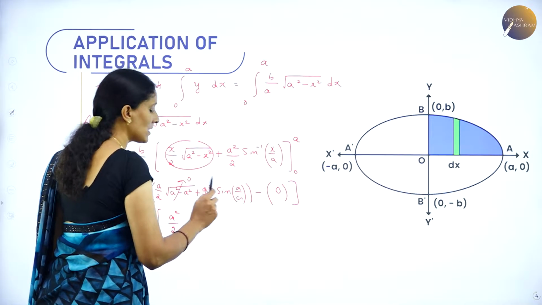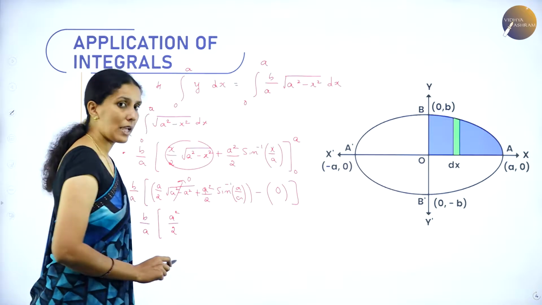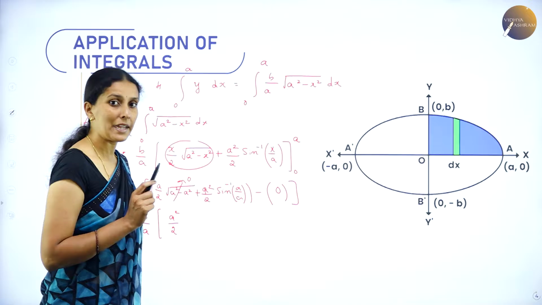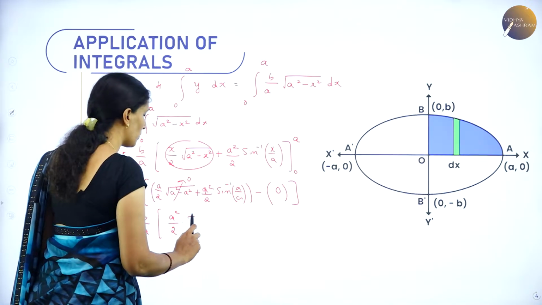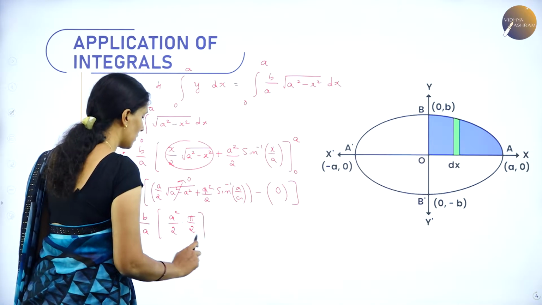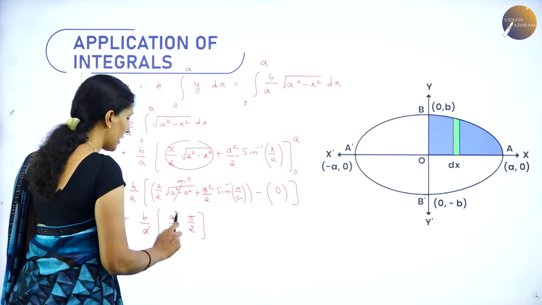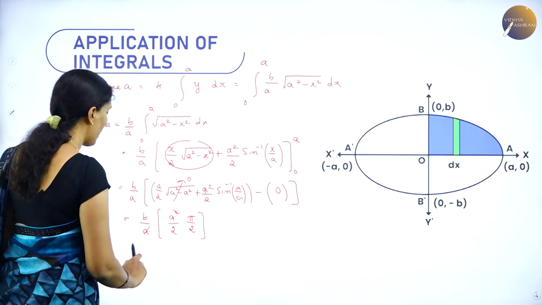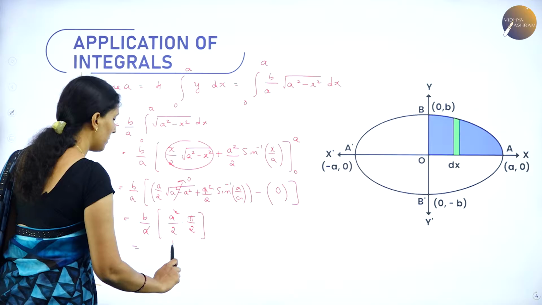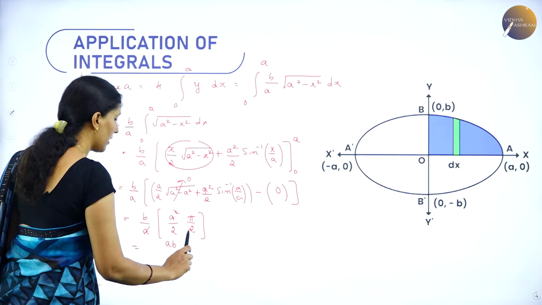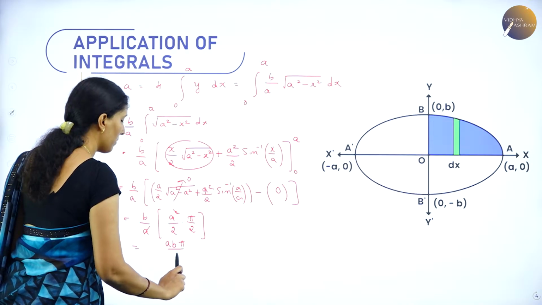What is sine inverse a by a? Sine inverse a by a is sine inverse 1. What is sine inverse 1? It is pi by 2. So here a cancels, so we have b by a and here we have pi by 4.